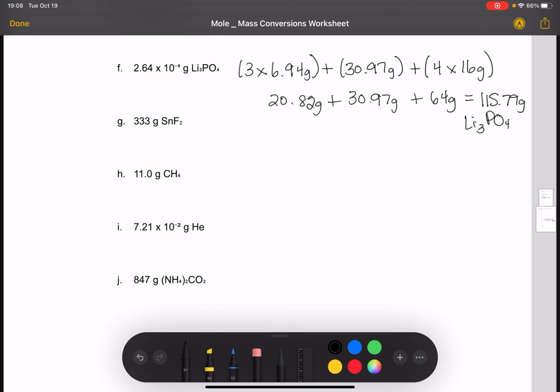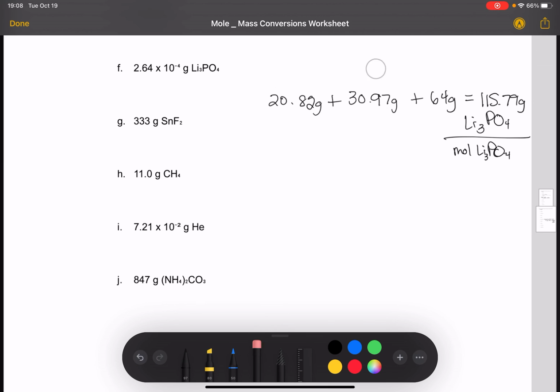Okay, that is what that is. So there's 115.79 grams of lithium phosphate per every mole of lithium phosphate. So now that we have our conversion factor, I'll erase everything but the conversion factor.